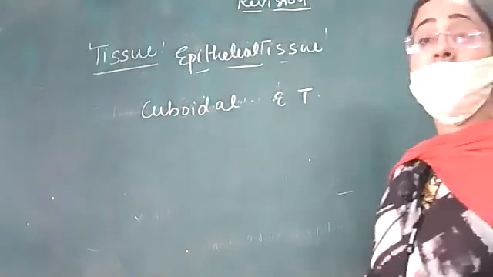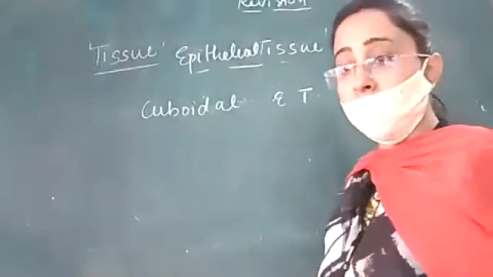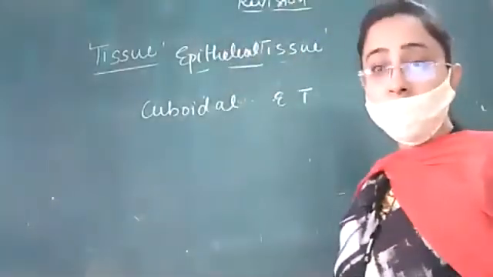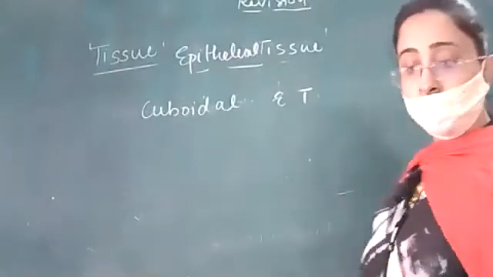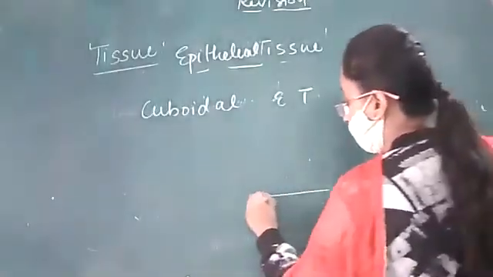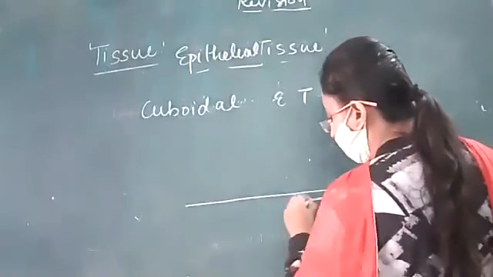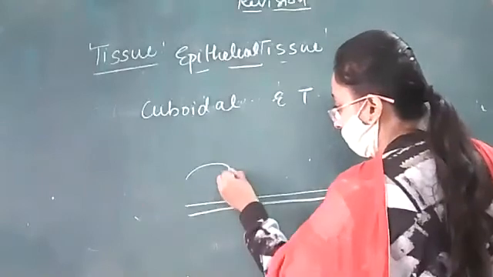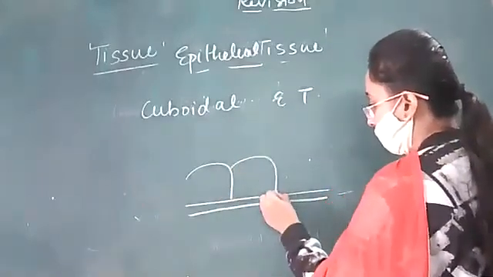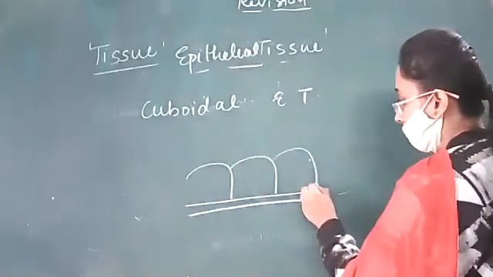When we say they are cube-like, they have the same length, same width, same thickness.